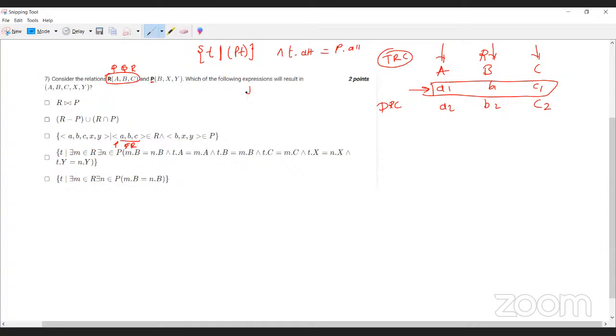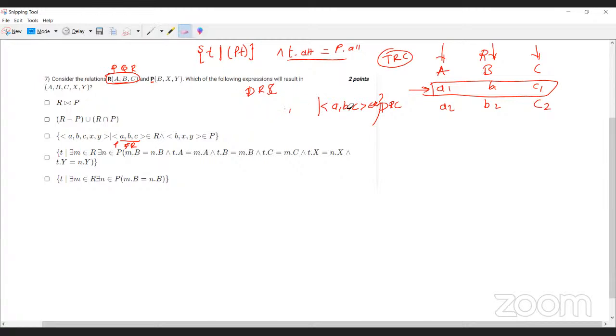In domain relational calculus, we project the attributes directly. Here a, b, c belong to R, but I am only projecting a, b, so I will get only a, b. So in TRC you specify it like this, and in DRC you specify the attributes separated by commas, a, comma, b.